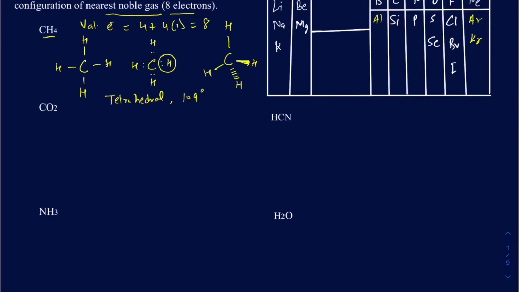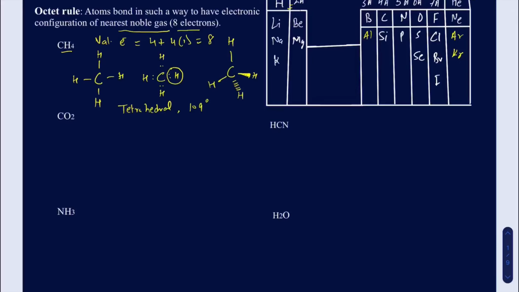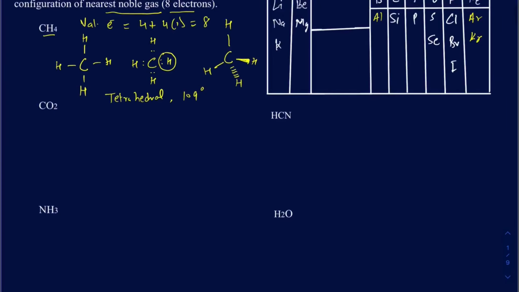So I got CO2. The number of valence electrons in CO2 is going to be 4 coming from the carbon, and then I got 6 coming from each oxygen, so that's going to be a total of 16. And I can go ahead and put the central atom, carbon, at the center, and then I have 2 oxygens around the carbon.